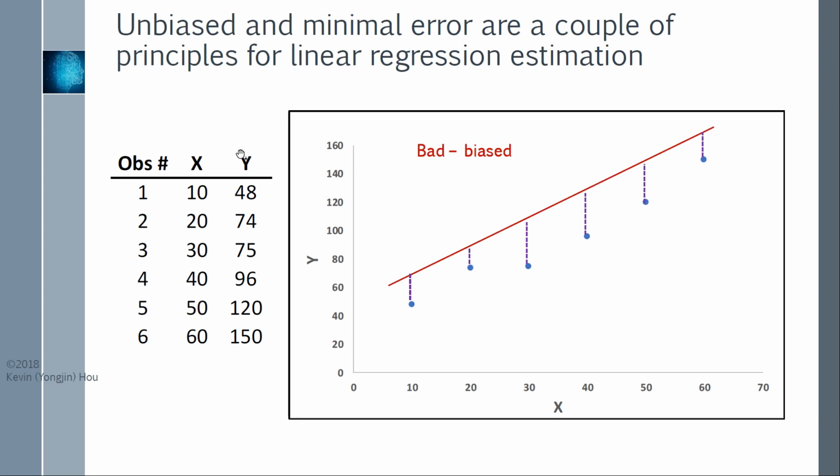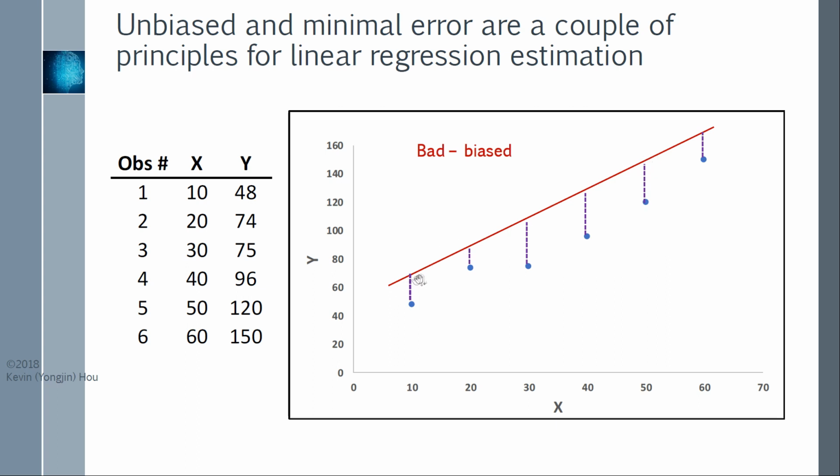Well, one criterion of determining which line is the best is to ensure the line does not have a bias. Looking at this line proposed here, we can tell this line has a bias because everywhere on the chart, this line is always above the actual observations vertically.